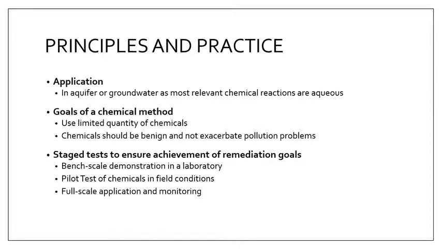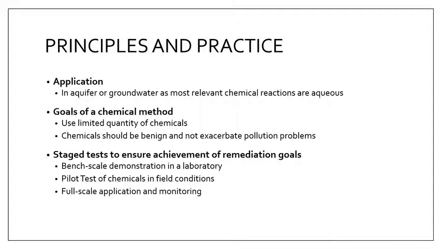All right, next is the goal of a chemical method. An optimal chemical treatment method will use a minimum or limited quantity of chemicals, and the chemicals used should not exacerbate or worsen the pollution problems. And these goals are achieved by a staged process, meaning we do this in different scales.